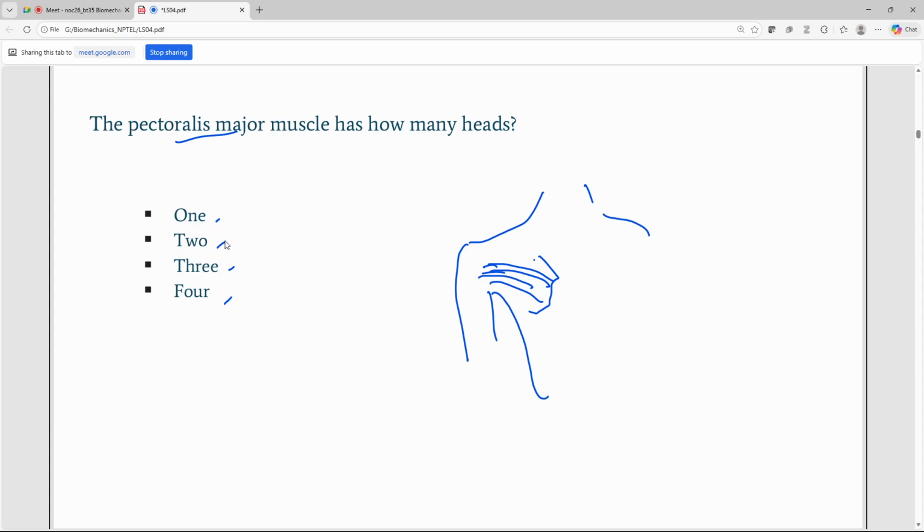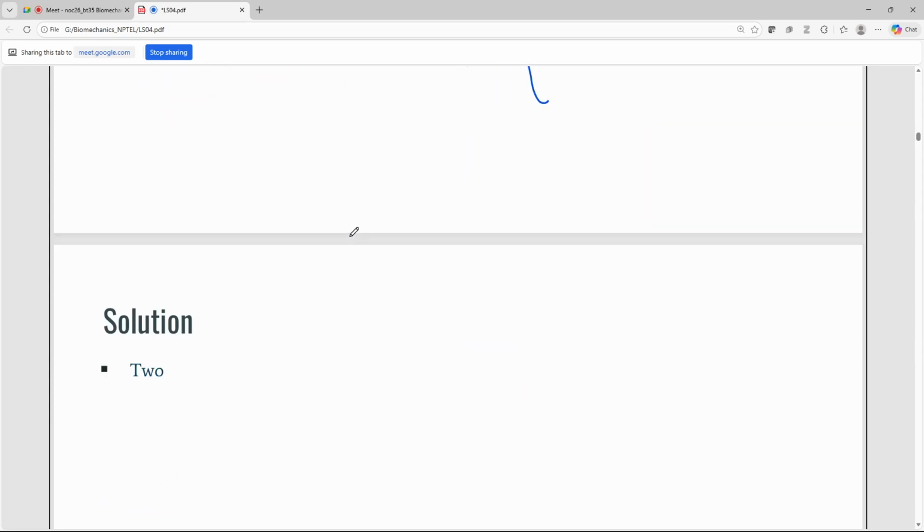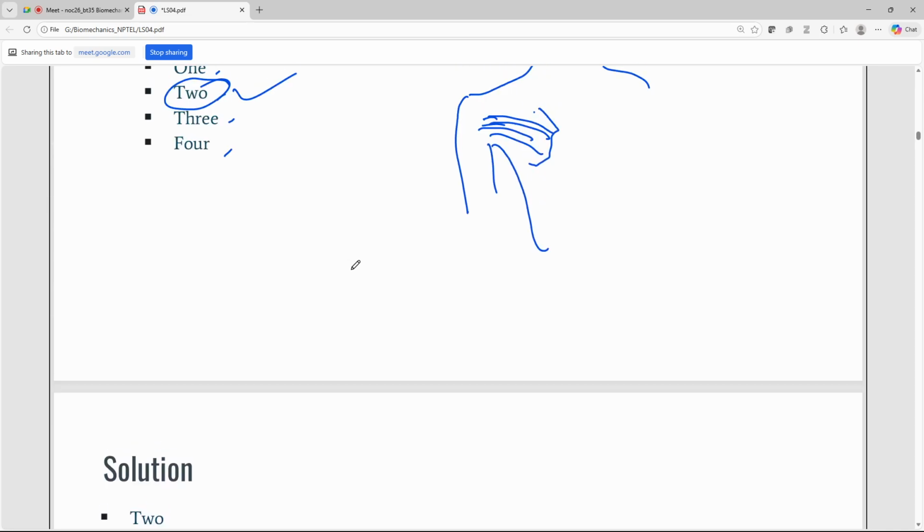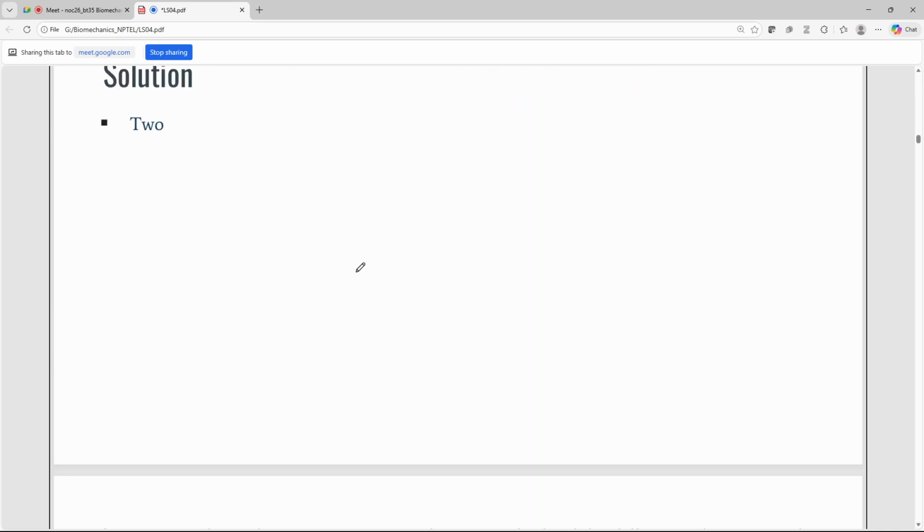It has two heads. Similar to biceps brachii, pectoralis major also has two heads: the sternal head, connecting the sternum, and the clavicular head, connecting the clavicle. These are the two heads of pectoralis major.